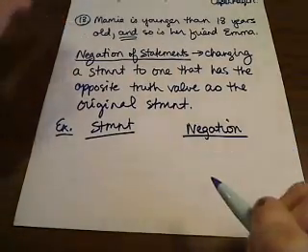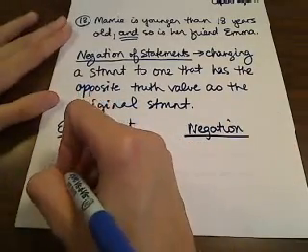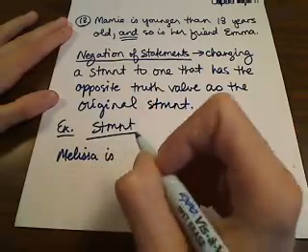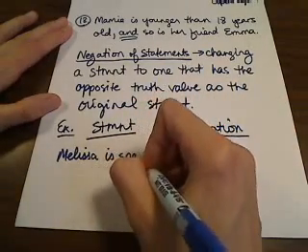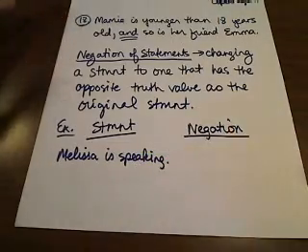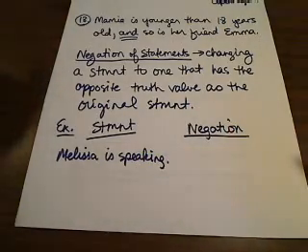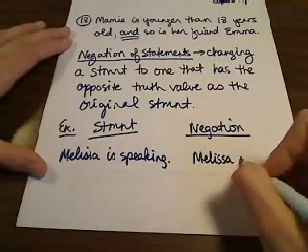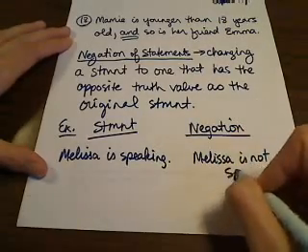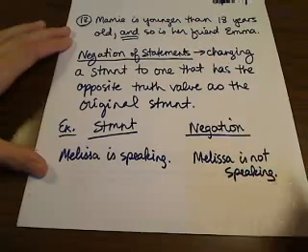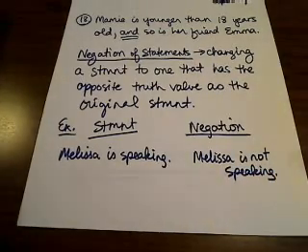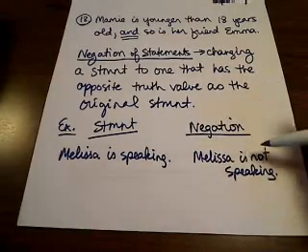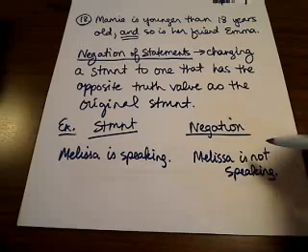I'm just going to give us something basic. So, for instance, Melissa, that's me, in case you didn't know your teacher's name, is speaking, which I am. So that has a truth value of true. If I wanted to negate that, then I would say Melissa is not speaking. And since I am speaking, that's false. So again, not rocket science, just using some words to change this truth value.